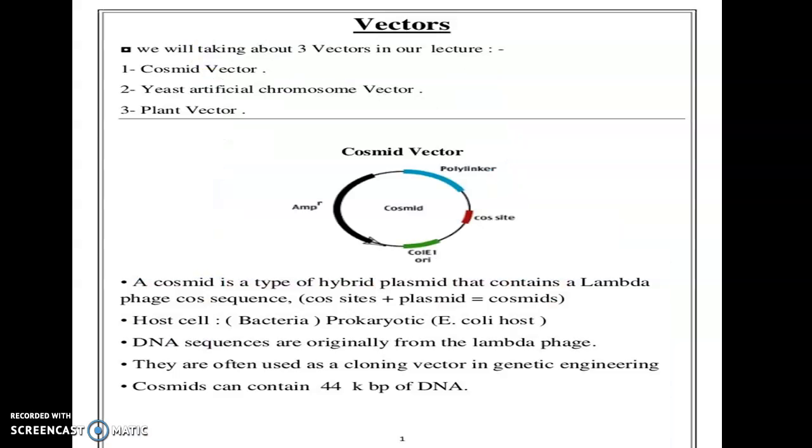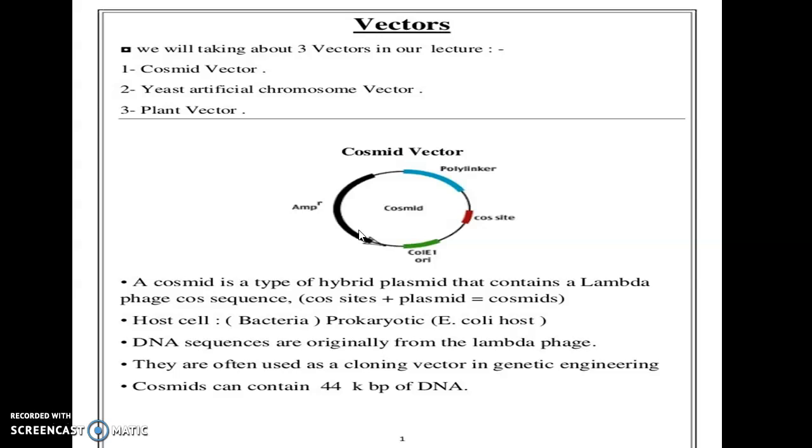Other vectors we use are hybrid vectors, for example cosmids. Cosmids are hybrid vectors having 90% of DNA from a plasmid and 10% of the cos sequences of lambda phage bacteriophage. So when the combination of DNA from a plasmid and the cos site DNA of lambda phage virus is used, these recombinant hybrid vectors are called cosmids, and in a cosmid one can incorporate a very large size of foreign DNA.